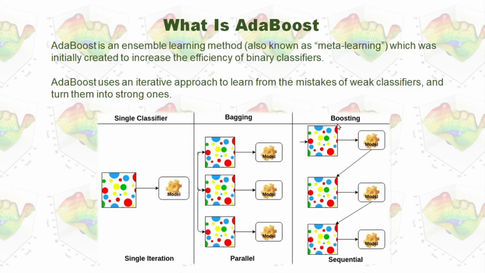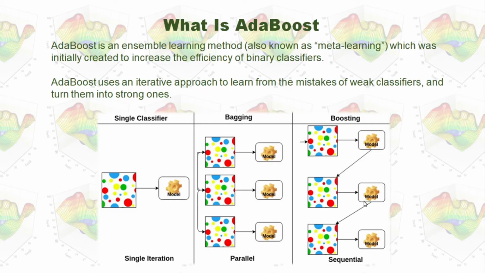AdaBoost belongs to this category, boosting. With the boosting method, we will have our data and we have our model 1. From model 1, we produce some data, and the results will feed to build model 2.